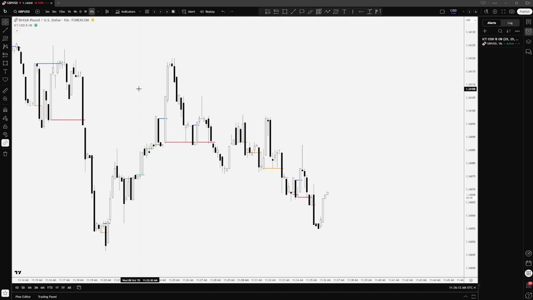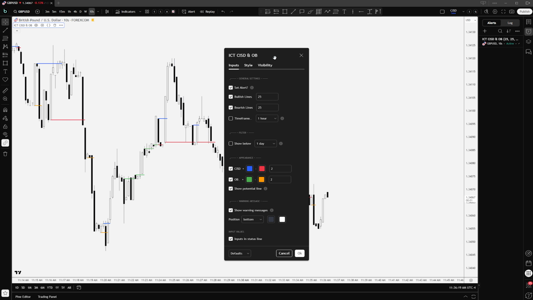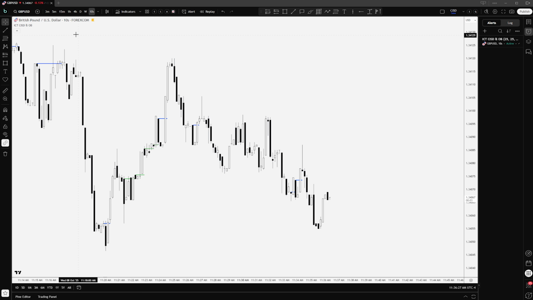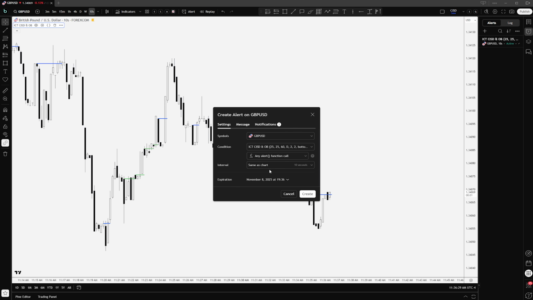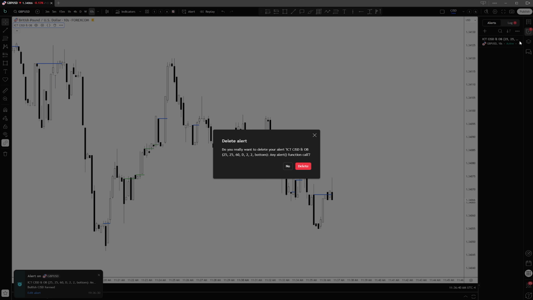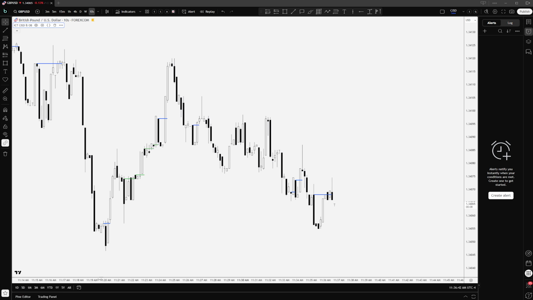If you're only focusing on, let's say, bullish closures, you're not interested in bearish closures, you can just remove this, enable the alert, remove any bearish closures, and then you would go to set your alert, choose any alert. There we go. We got the notification that we have a bullish CISD formation here. I'll just remove it to avoid noise.